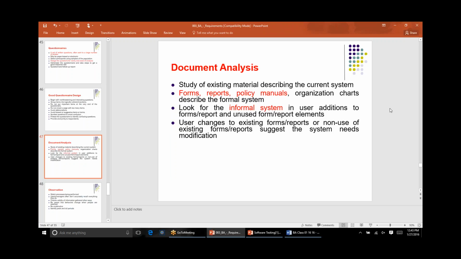Do I need an open sales order report? That is also part of the requirement to understand reporting. Forms, what kind of output? Do I need to send some kind of output to the customer? That is an example of an output.